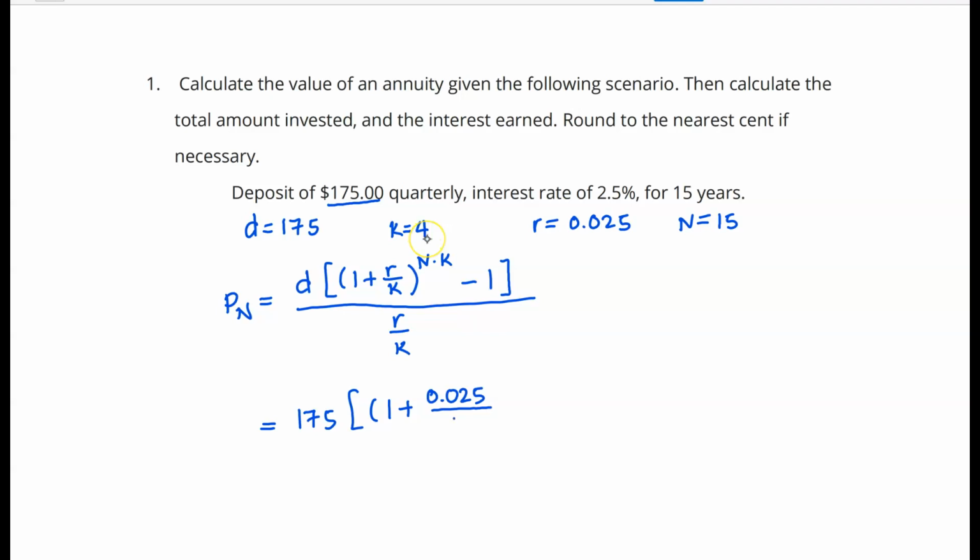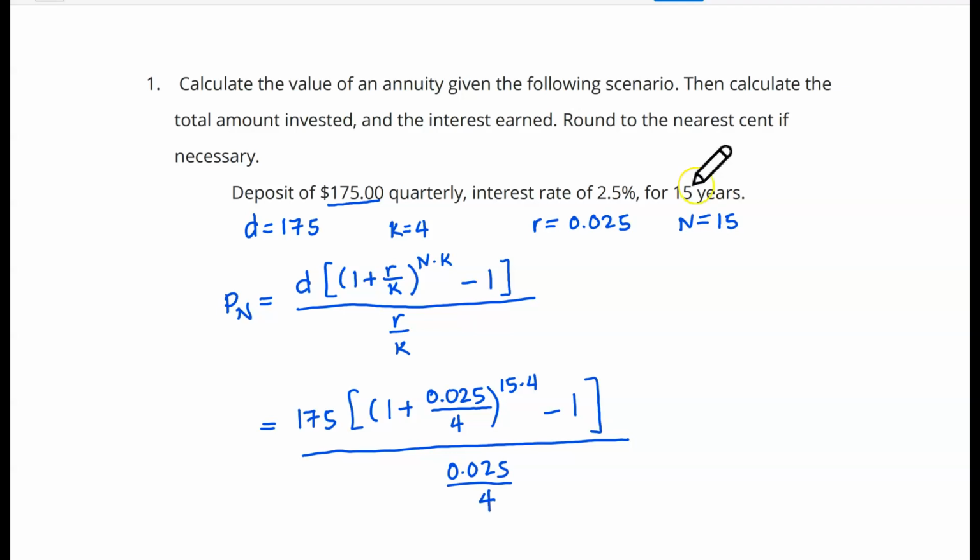So K is equal to 4, raised to N, which is the number of years. So capital N is 15. So 15 times 4, minus 1, all over 0.025 over 4.